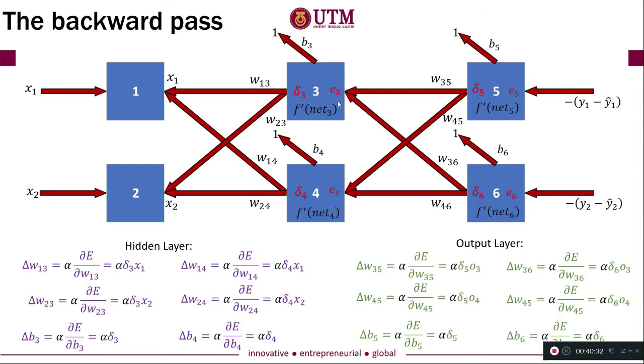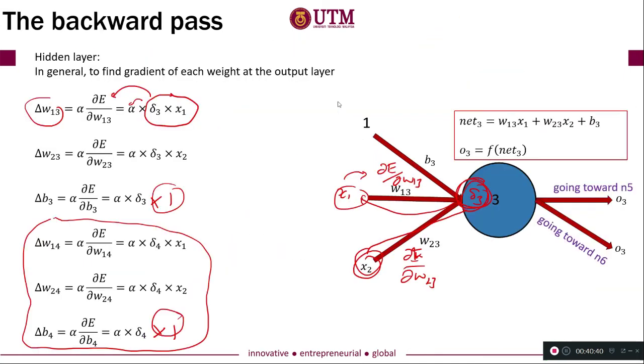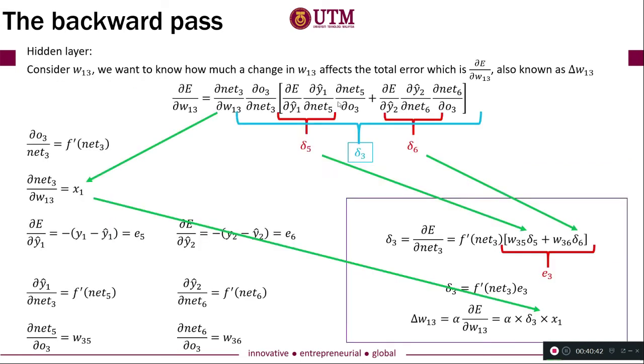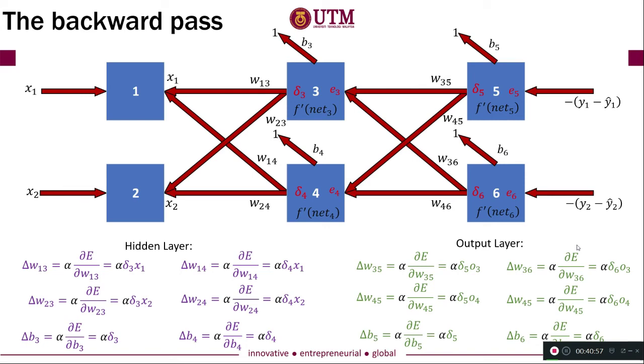So if you remember, what is the definition of your E3? E3 is actually the multiplication of W35 delta 5 and W36 delta 6. Later you must draw at this slide.